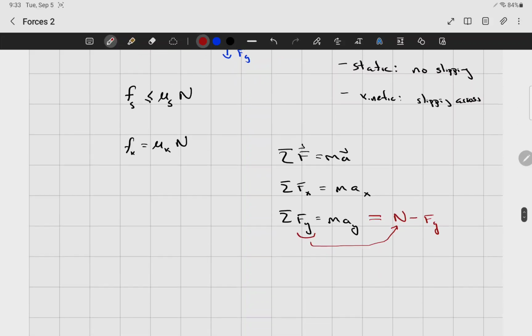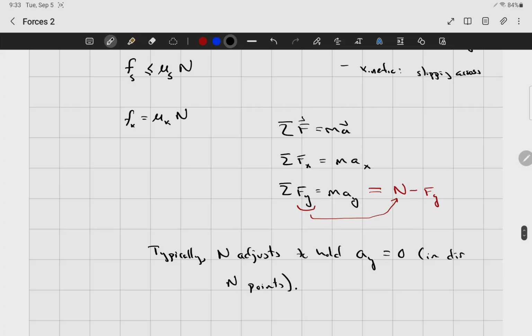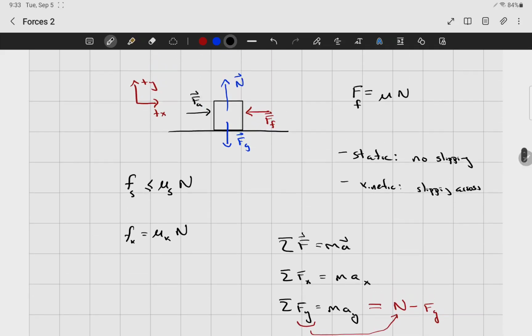And typically what's going to happen is that the normal force will adjust to hold the acceleration equal to 0 in the direction the normal force points, if the object is not accelerating in that direction. So that's a fairly typical scenario. It's not the scenario if we're moving in circular motion through a hill, but that would be a fairly typical scenario that would apply here to this box.